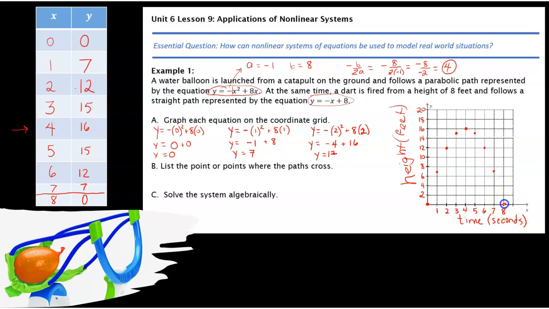And 8, 0. On your curve, the water balloon went up, it went to its highest peak, and then it came right back down. Hit the ground after 8 seconds.